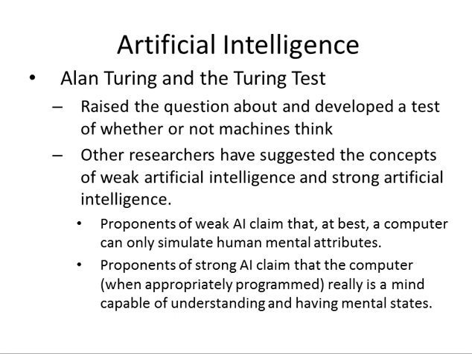Other researchers have suggested the concepts of weak artificial intelligence and strong artificial intelligence. Proponents of weak AI claim that, at best, a computer can only simulate human mental attributes. Proponents of strong AI claim that the computer, when appropriately programmed, really is a mind capable of understanding and having mental states.